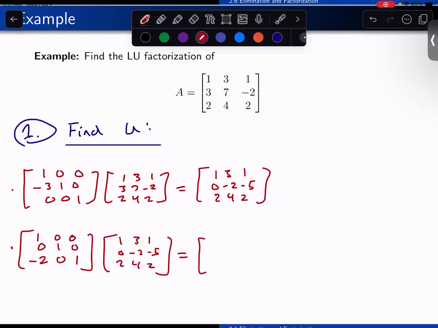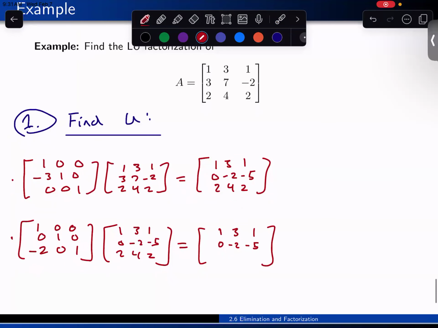If we multiply things out, the first 2 rows stay the exact same. We're not doing anything with them. The 3, 1 entry is going to become 0. Then we have minus 6 plus 4, which is equal to minus 2. And then we have minus 2 plus 2, which is equal to 0.